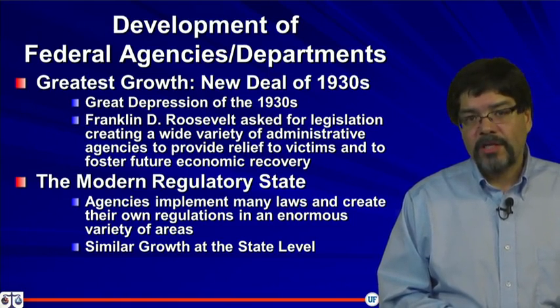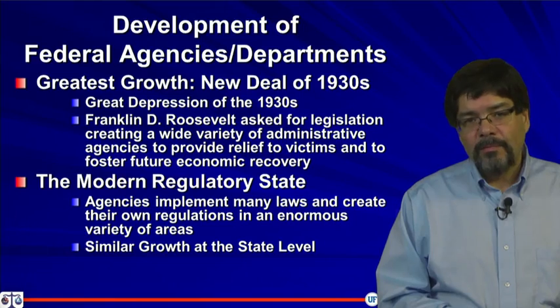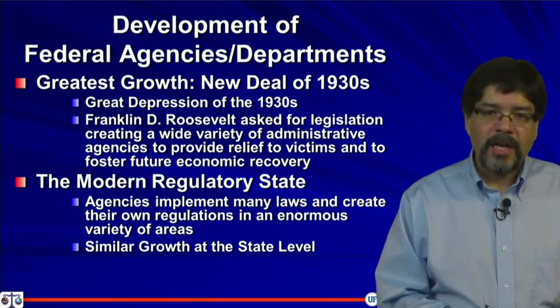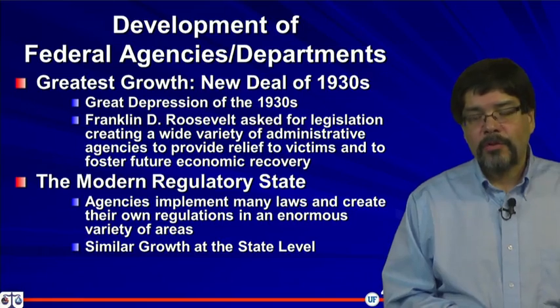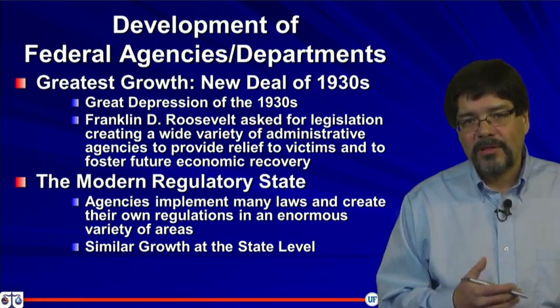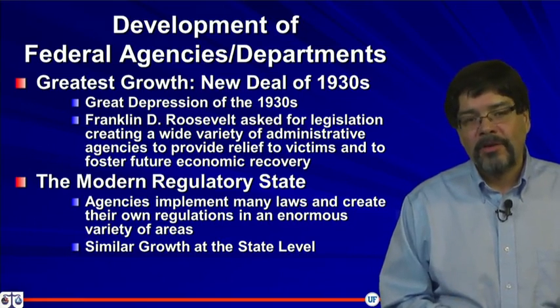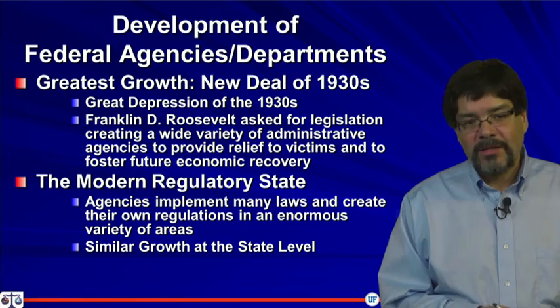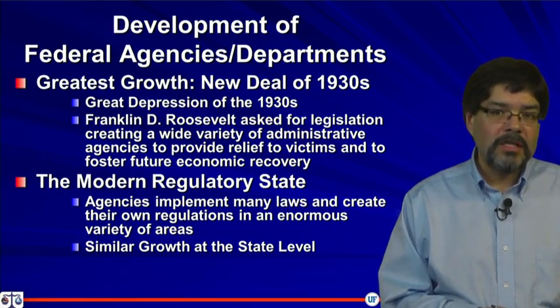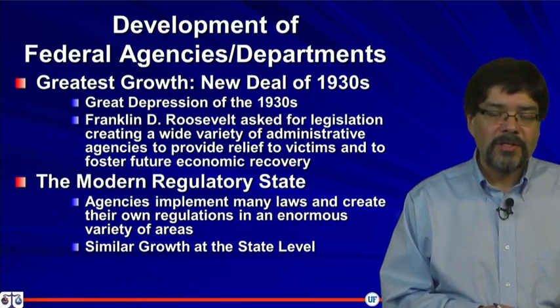The Great Depression of the 1930s put the United States in a deep economic crisis, and President Franklin D. Roosevelt asked for legislation to create a variety of administrative agencies to help the nation's citizens come out of this economic crisis. And this represented a major growth in the executive power of the United States.